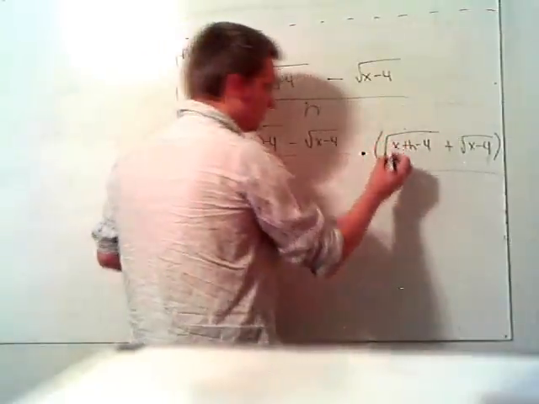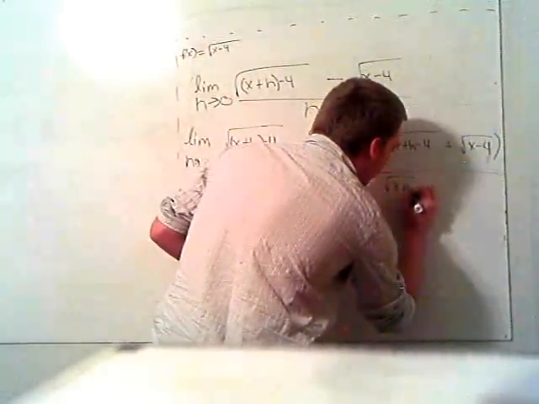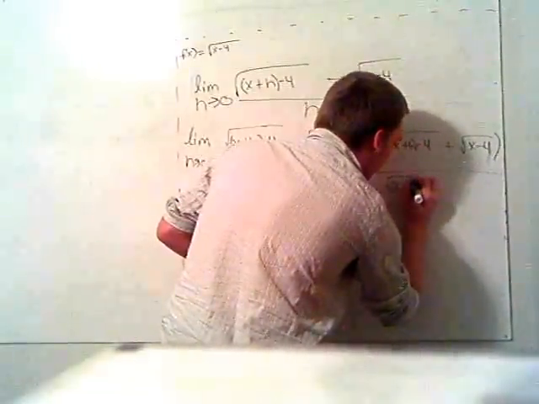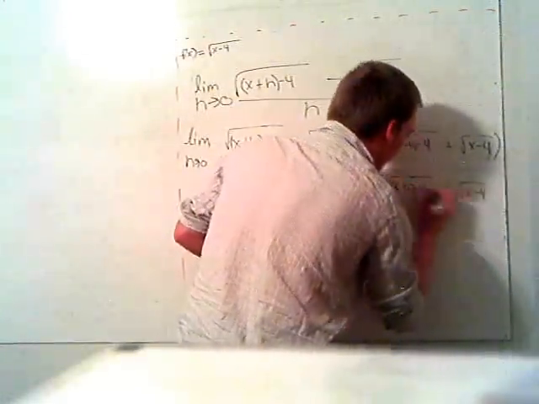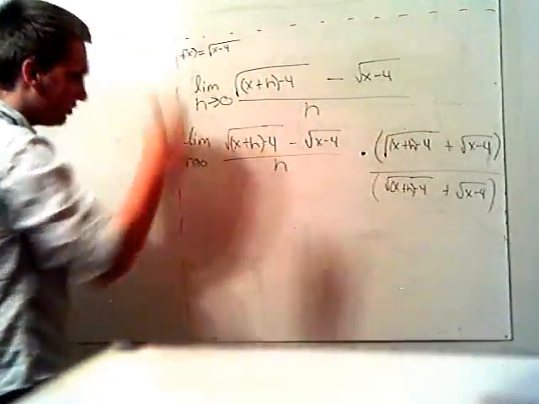Thus, if we multiply the square root of x plus h minus 4 plus the square root of x minus 4, we're multiplying by 1.